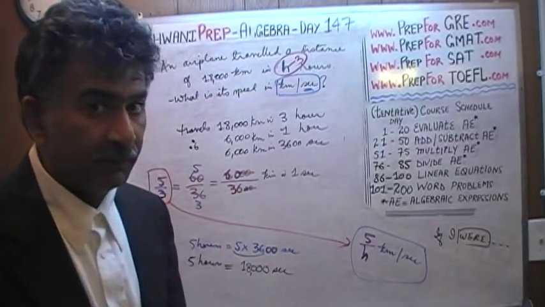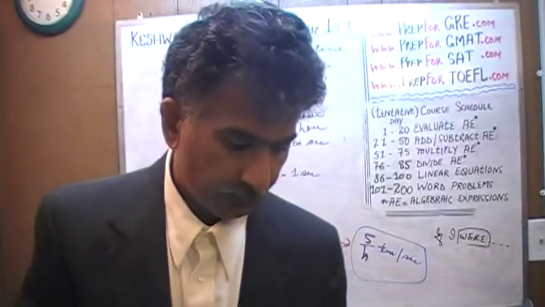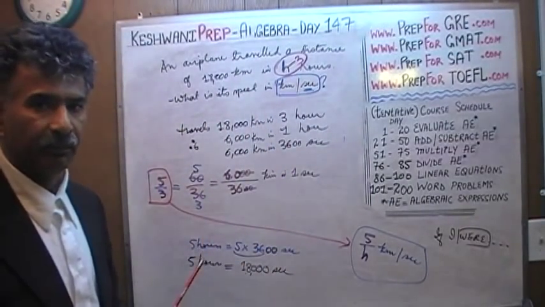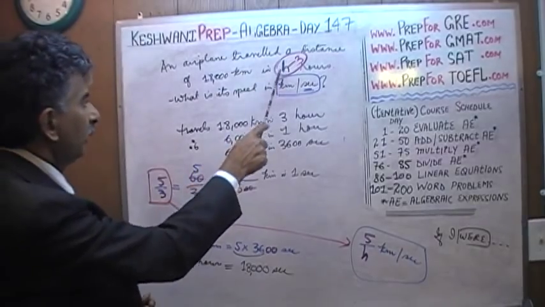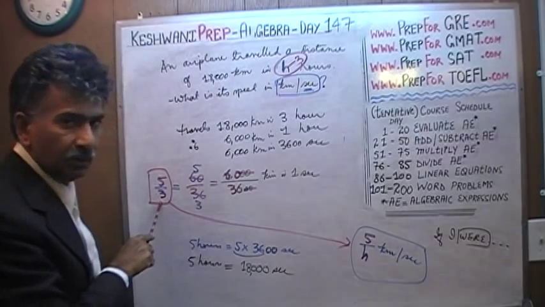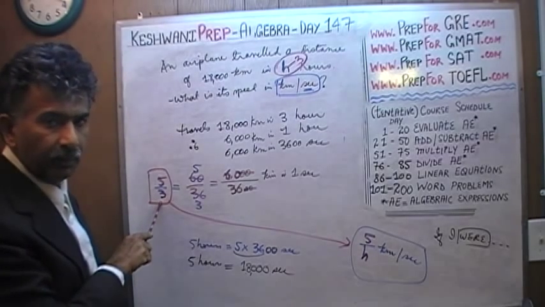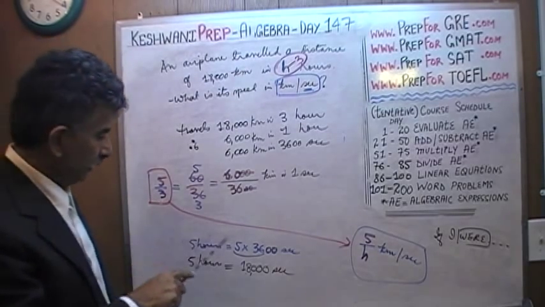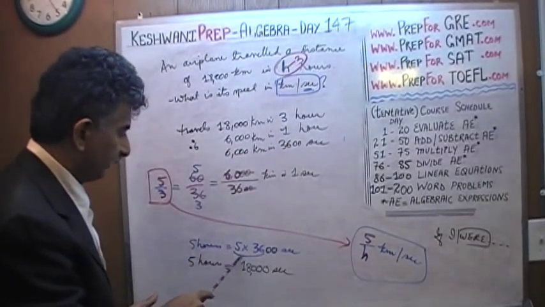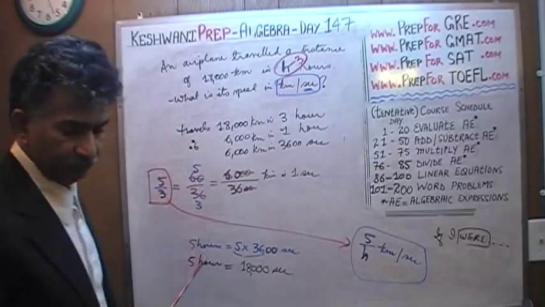But our airplane did not go a kilometer every second, on purpose. I did not plug in 5 here for a reason, because that would have been too nice, too simple. Our airplane traveled 5/3 of a kilometer per second, 2/3 of a kilometer more than this airplane, because our airplane took only 3 hours. This airplane is taking 5 hours to go the same distance.